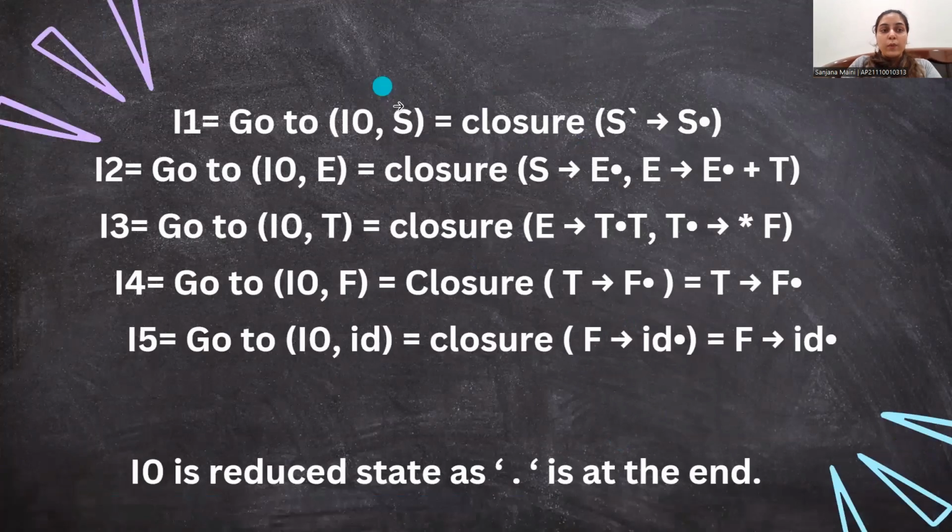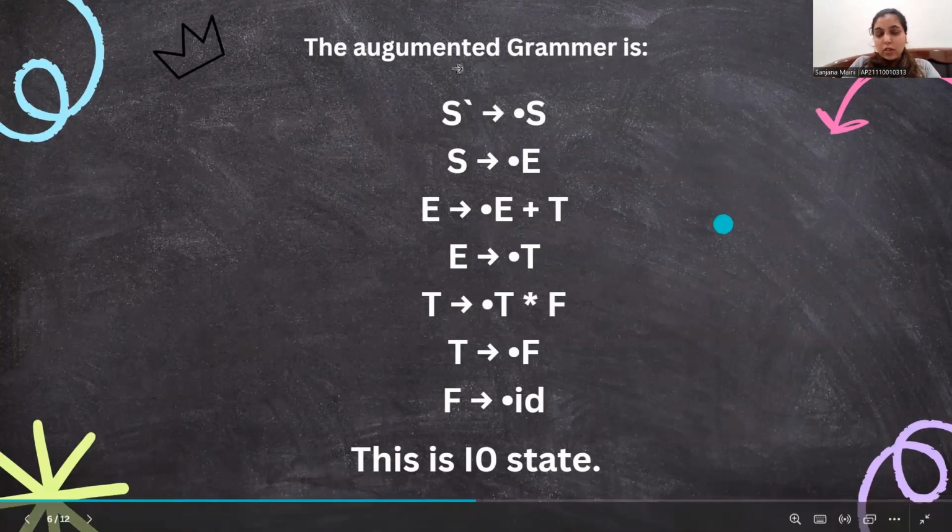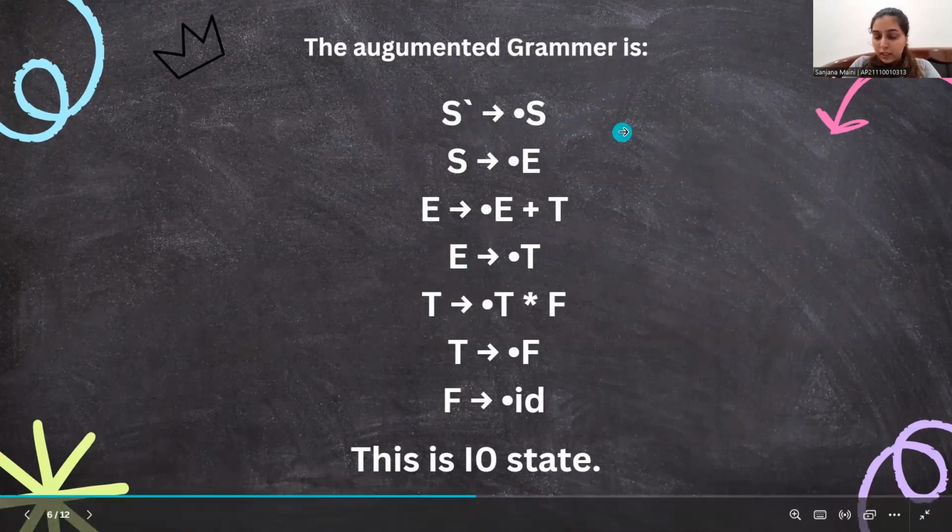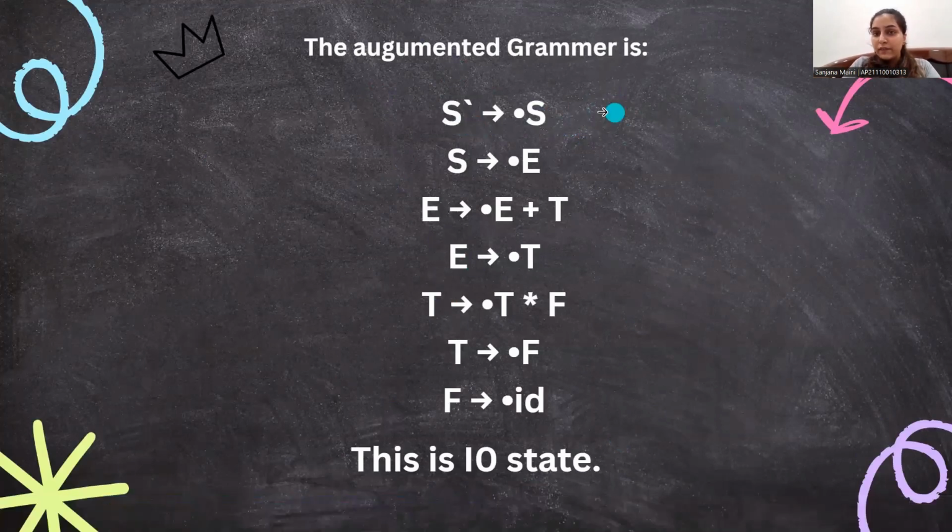Next, we have I1. As mentioned earlier, there are two functions, goto and action. Here, this is the I0 state as we know, and from here we get the I1 state.